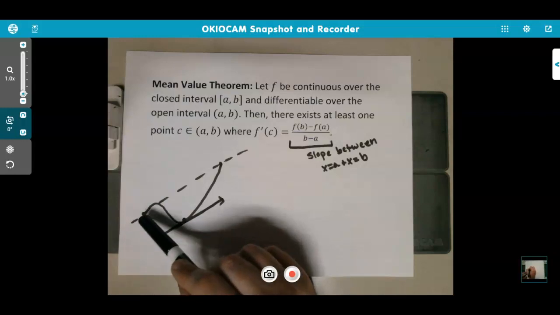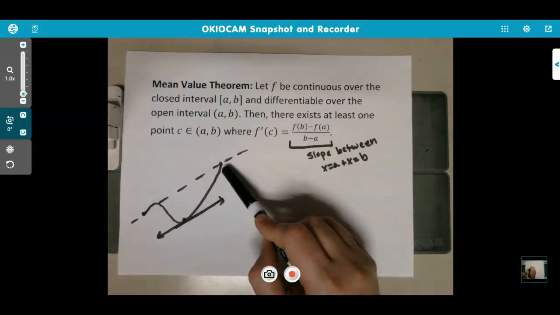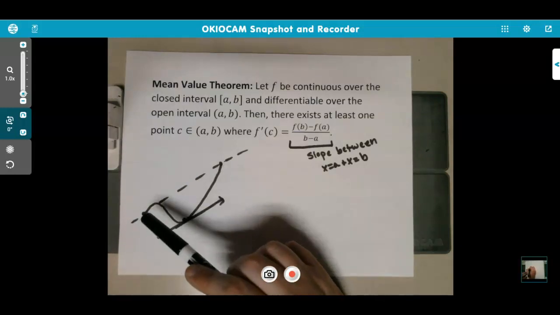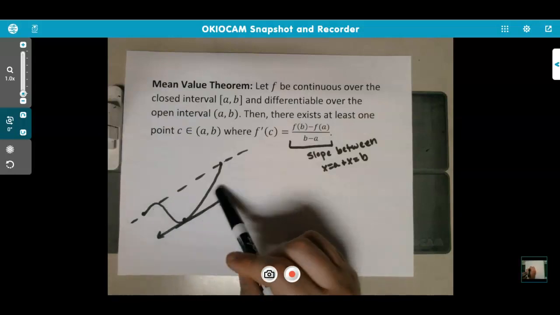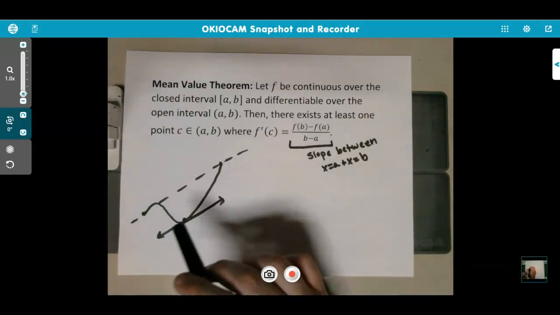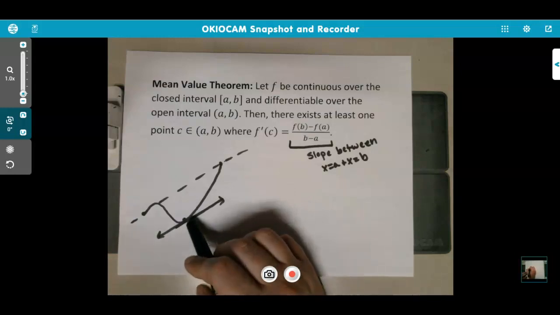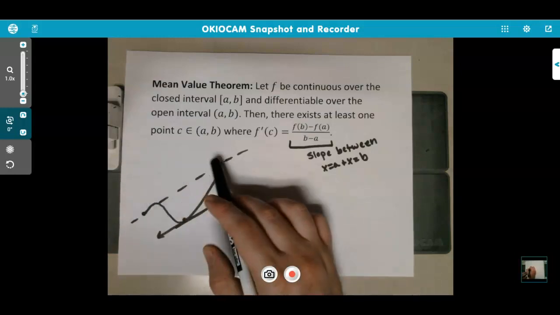So that's what this is trying to say here. If I can go from a to b, there is somewhere on this curve where the slope of the tangent line on that curve is the same as the slope of the line between a and b. We can actually apply this to speed, and that's really nice, okay? If I know what my average speed is, I know that somewhere while I was on my trip, I had to have gone that average speed, right?